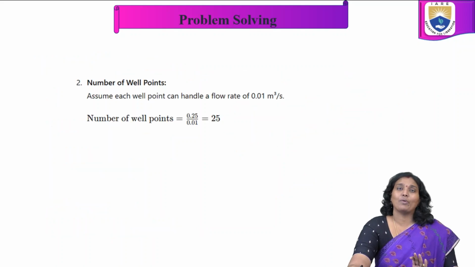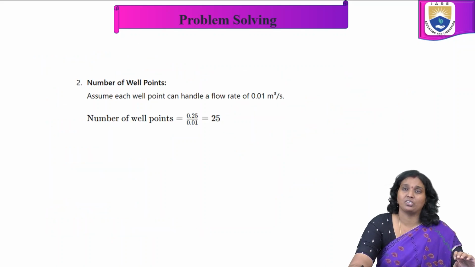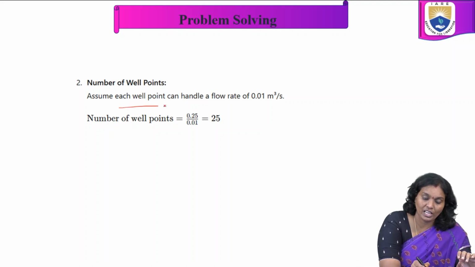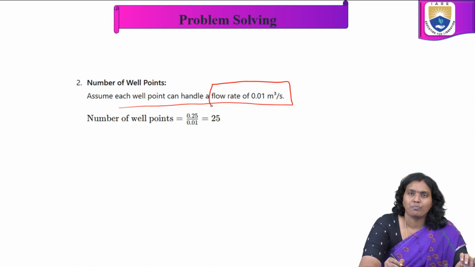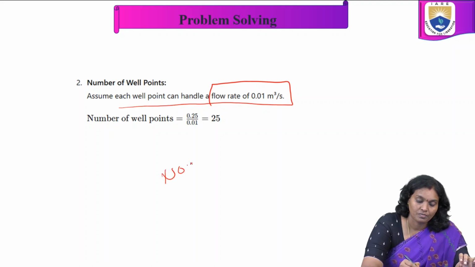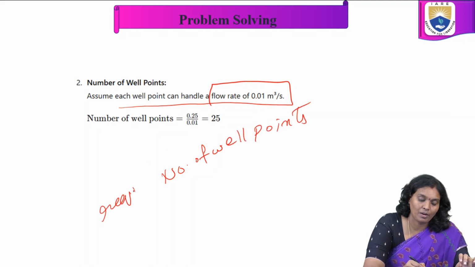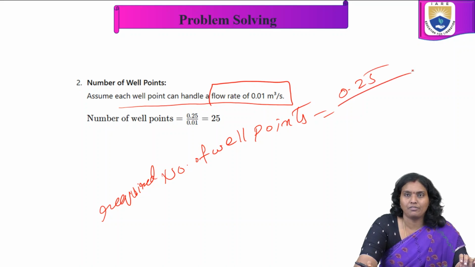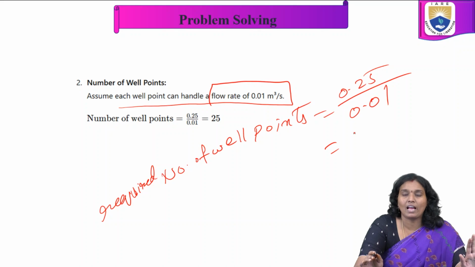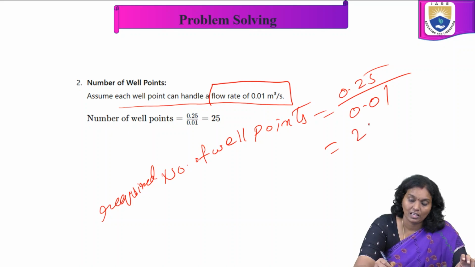Now in this, how many well points are required? Already we observed this. So assume each well point can handle a flow rate of 0.01 meter cube per second. So now the required number of well points is equal to the flow rate divided by the flow rate handled by each well point, which is nothing but 25.